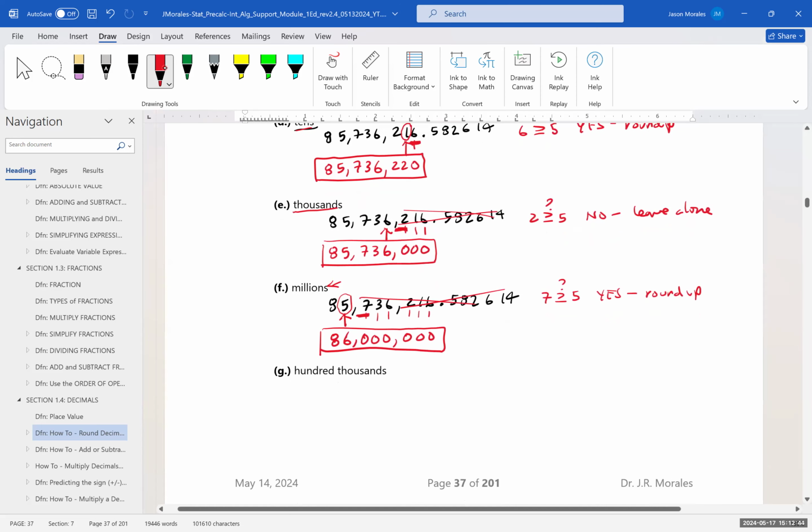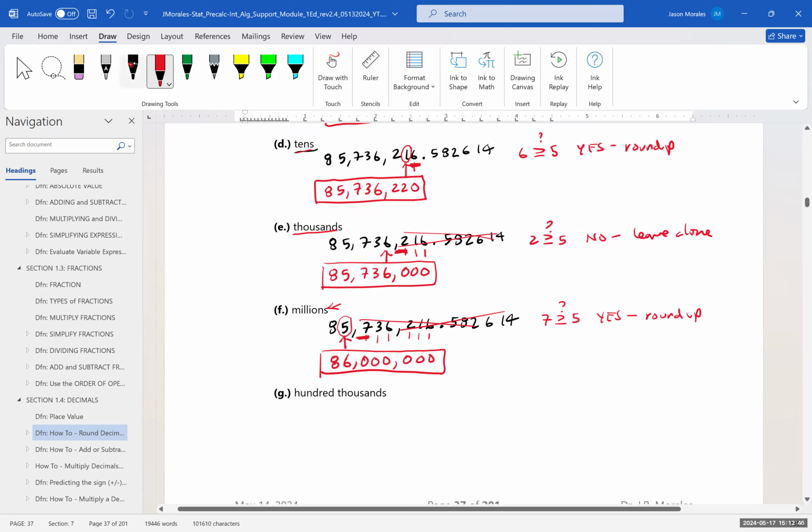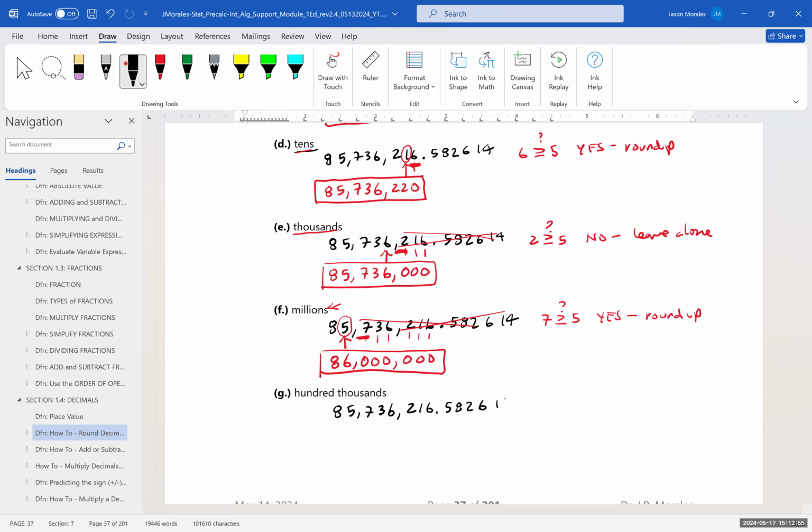Okay, and I think lastly, we've got 100,000s. Okay, so this does not have that THS or TH suffix. So this is going to be the whole part, which is to the left of the decimal point. And so 100,000.